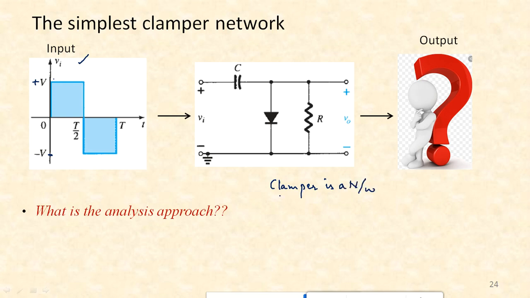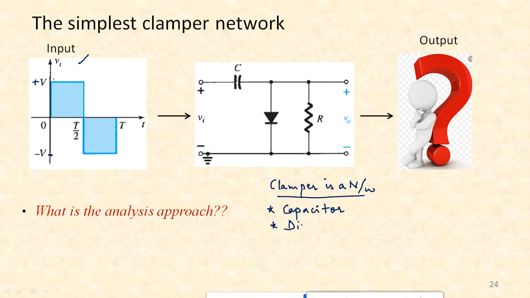Whenever we say a network, it constitutes many components, active as well as passive. So what are the main components present in a clamper circuit? The main component is a capacitor. Without a capacitor, the circuit would not function as a clamper. So a capacitor is a must in the case of clampers.